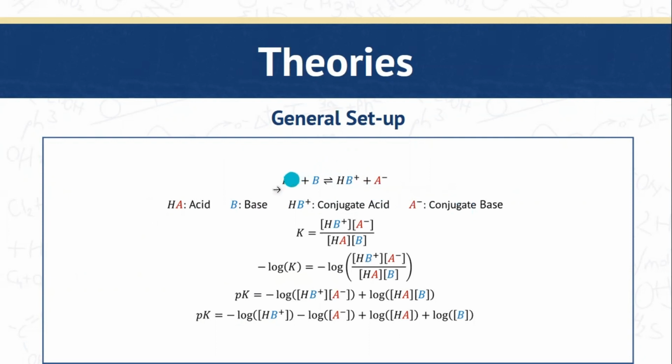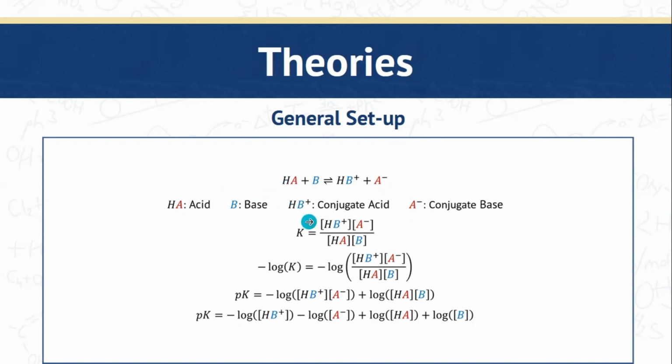Notice here that in the Bronsted-Lowry definition, the HA, the acid, gives up a proton to form its conjugate base. The base B receives the proton given off by the acid to form its conjugate acid. The proton that I'm talking about in the Bronsted-Lowry model corresponds to the hydrogen atom.